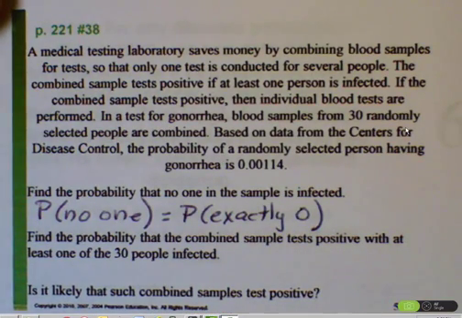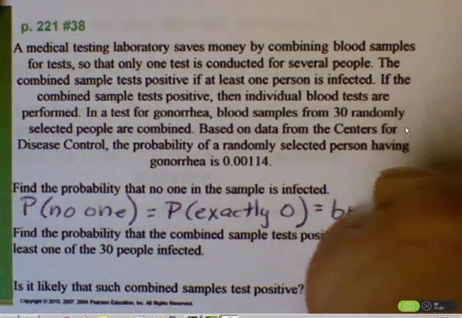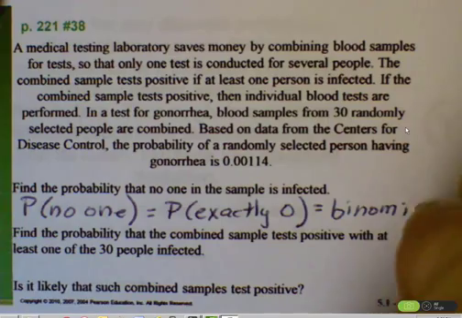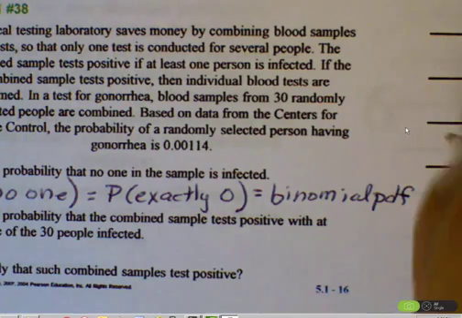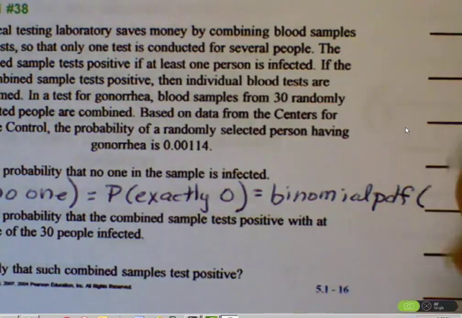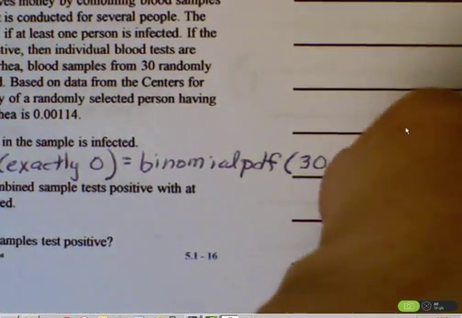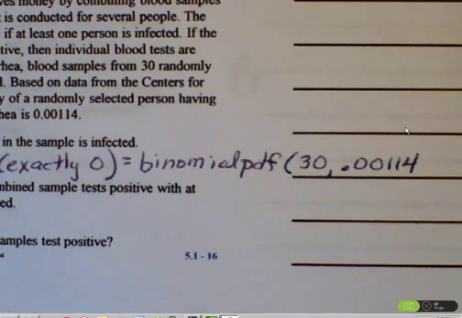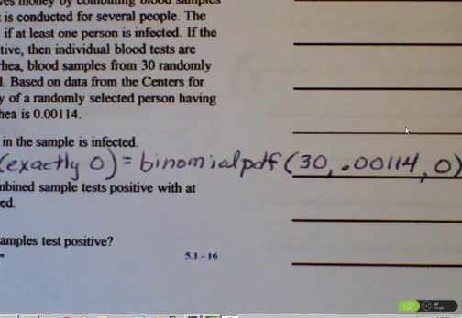And if I want to find the probability for exactly 0, I would use binomial PDF since it says exactly. And I would say out of 30 people, each having the probability of 0.00114 of having this disease, what's the probability that exactly 0 of them do?